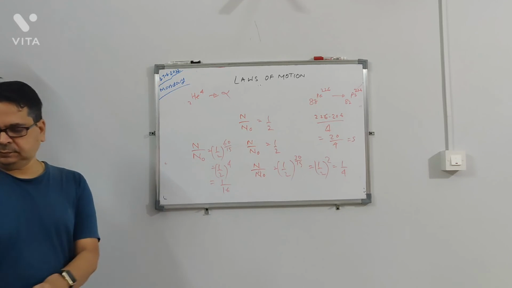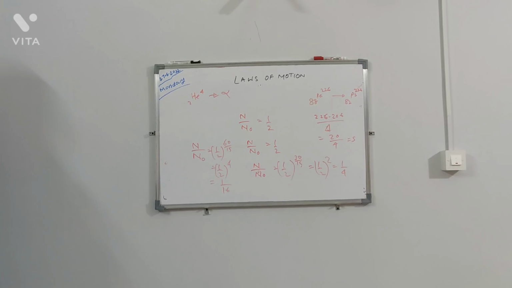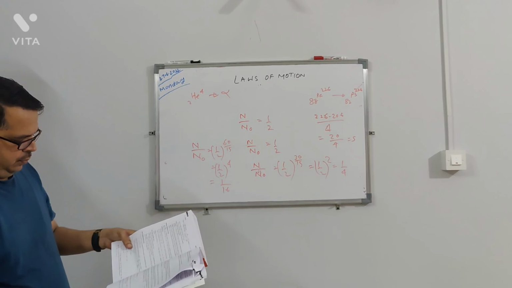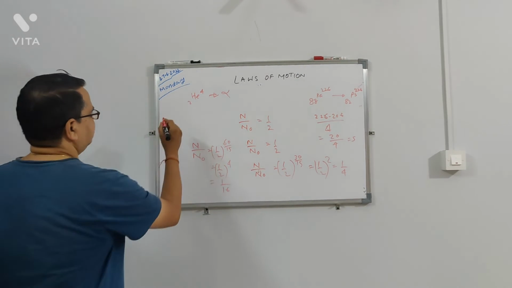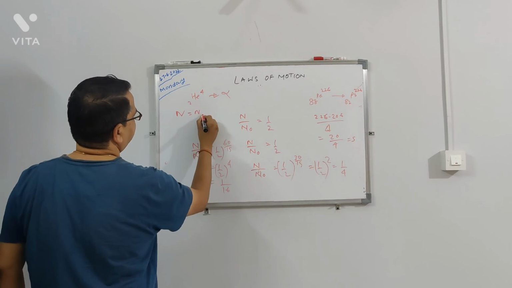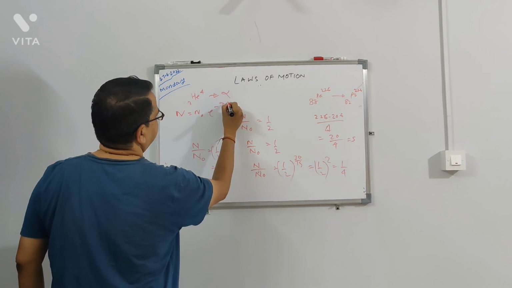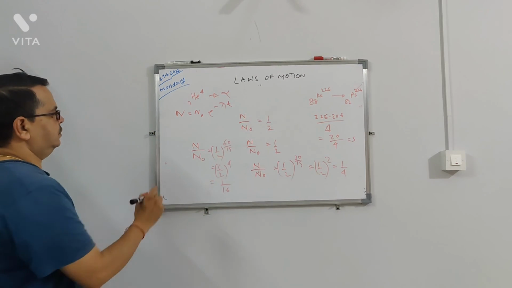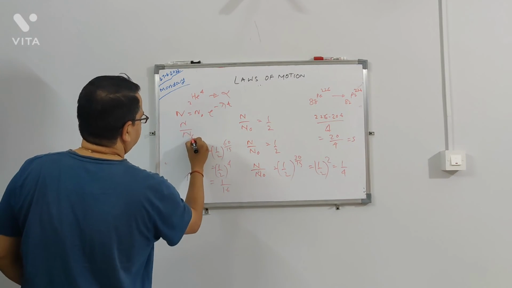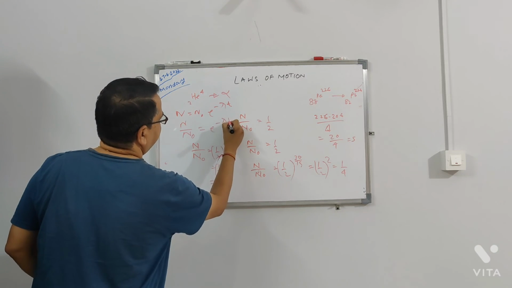And decay. The common formula, if you have to derive from first principles, is n equal to n0 e to the power minus lambda t. Otherwise, n by n0 is equal to e to the power minus lambda t.